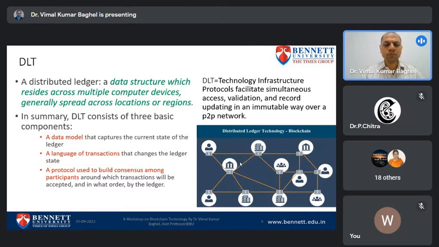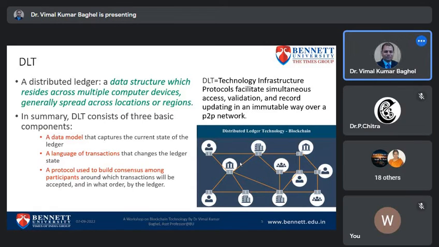So we have to have a language of transactions, or language of smart contracts, for example Solidity or Golang. Solidity is a smart contract programming language that is used for the Ethereum platform, and Golang is used in Hyperledger blockchain.